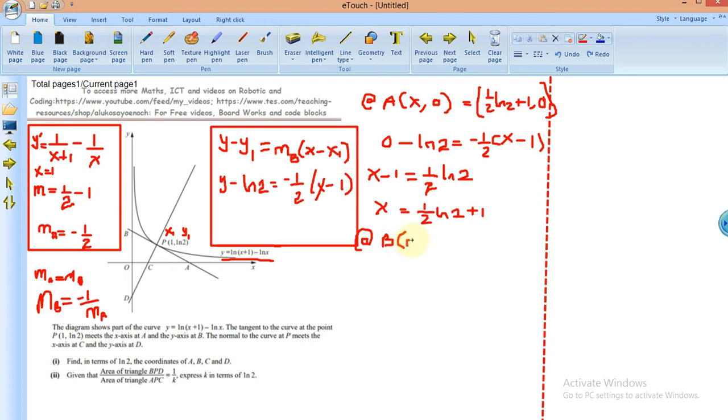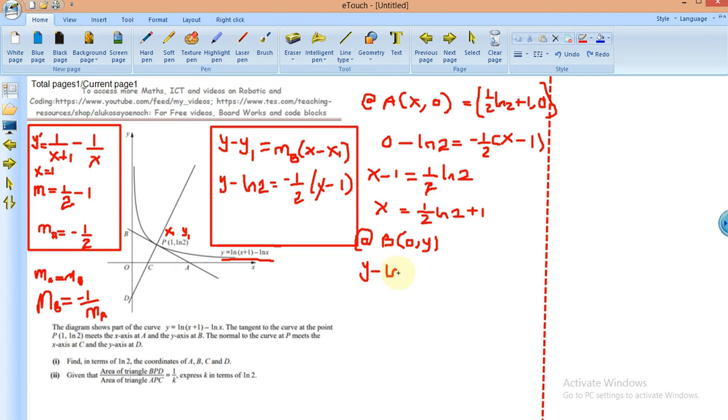So I'll look for the value of y when x equals 0. I'll also use the same equation here, so I'm looking for y now. So you do y minus y1, y minus ln 2, that is y1.